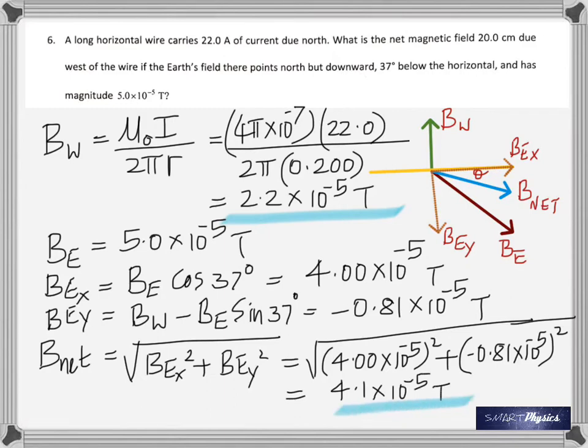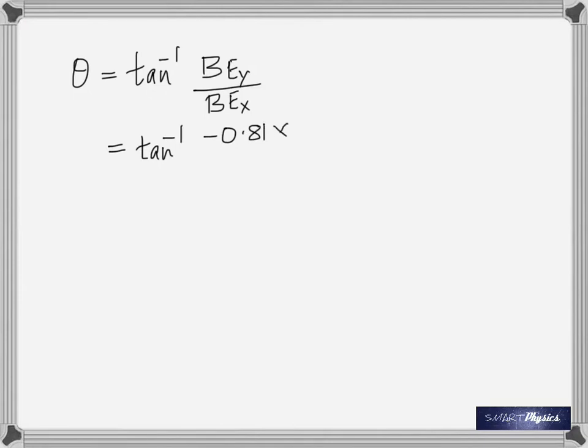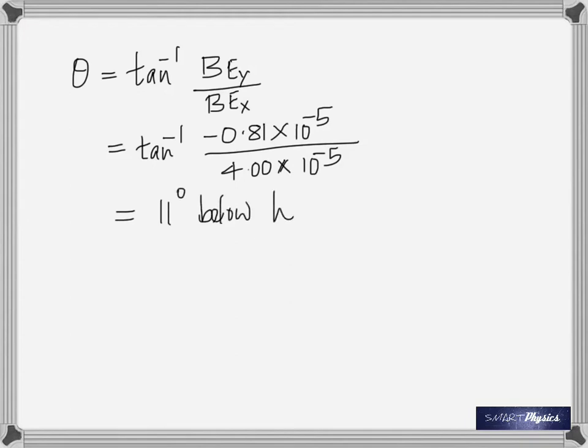Now that's a really important question to understand, because you have all things factored into that question. And then to find the angle that the net makes, you got to go tan inverse BEY by BEX, because that's opposite by adjacent. When you do that, you get 11 degrees below the horizontal.